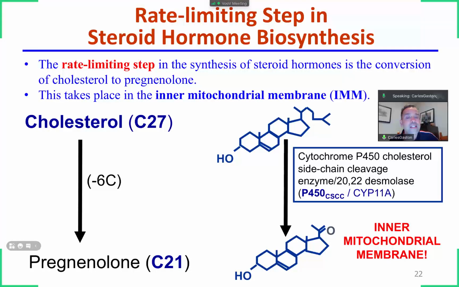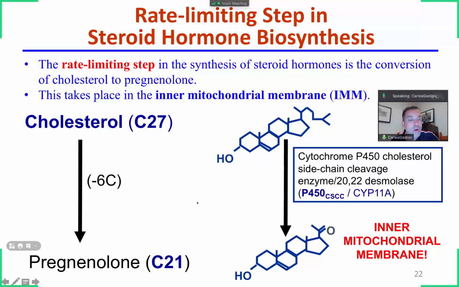So one of these enzymes, which is the step of converting the cholesterol to pregnenolone, is cytochrome P450. This cytochrome is found in the mitochondria, and basically it cleaves the cholesterol side chain at positions 20 and 22.